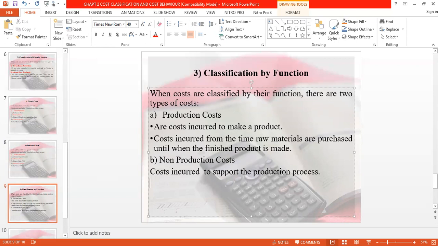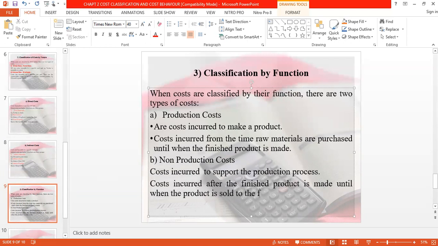The second definition is costs incurred after the finished product is made until when the product is sold to the final consumer.